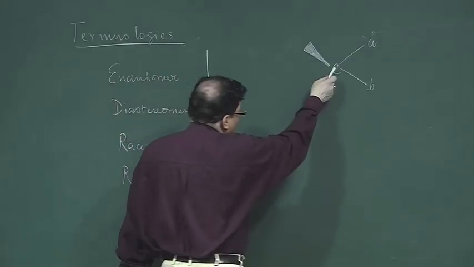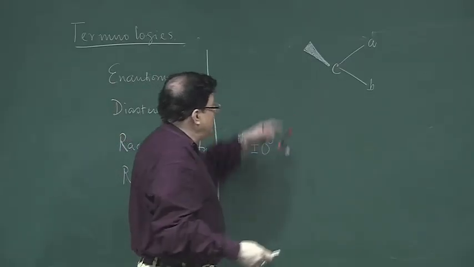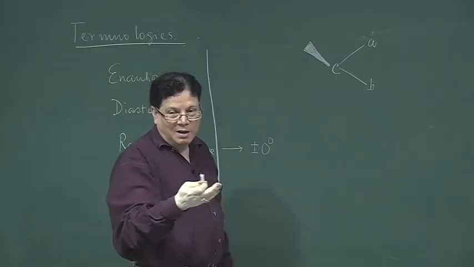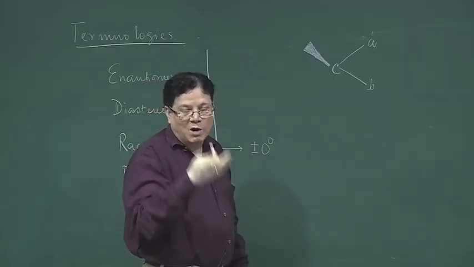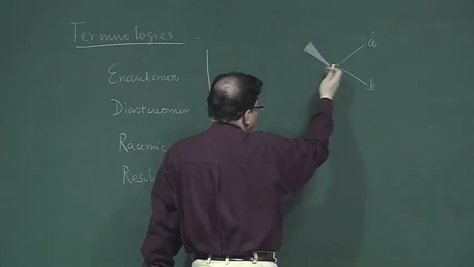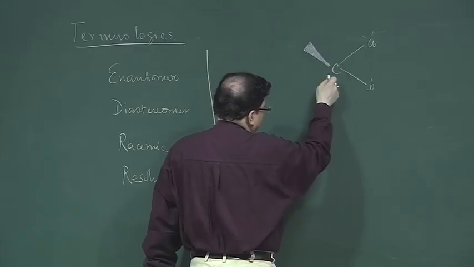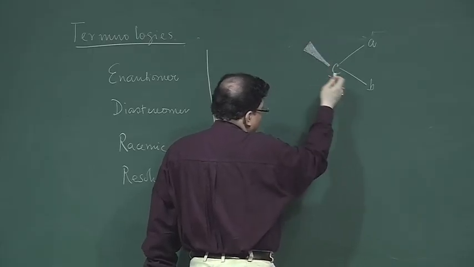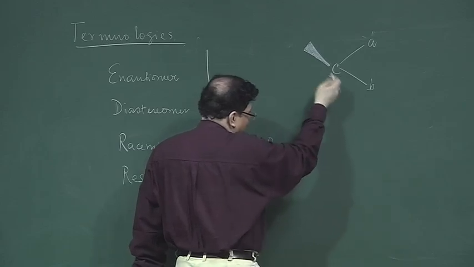That means as you go away from the carbon, the substituent is also moving more and more above the plane. So this means the bond is above the plane of this board, and the other bond will be below the plane of this board.